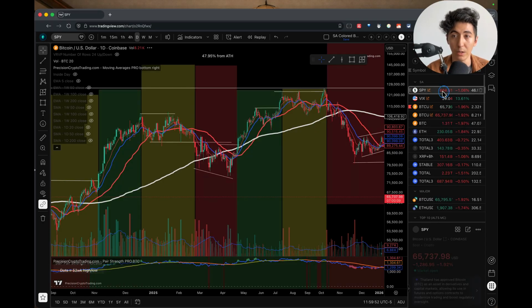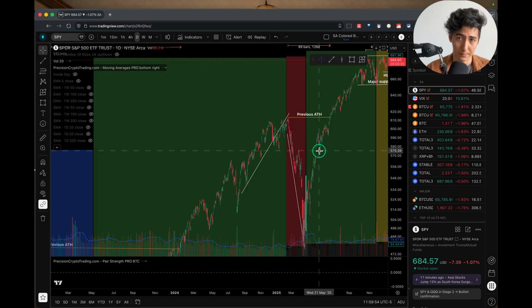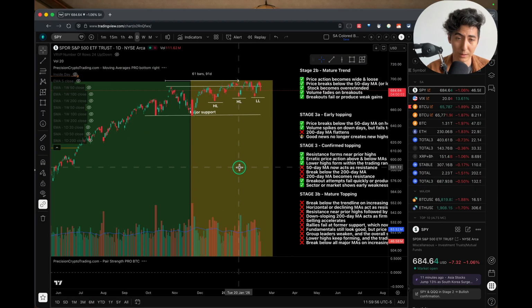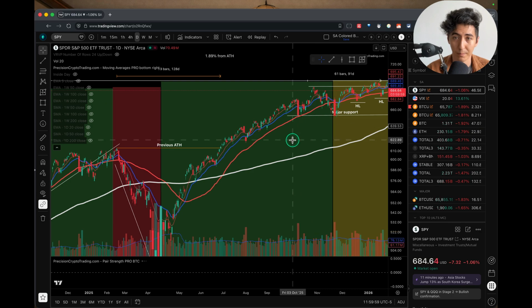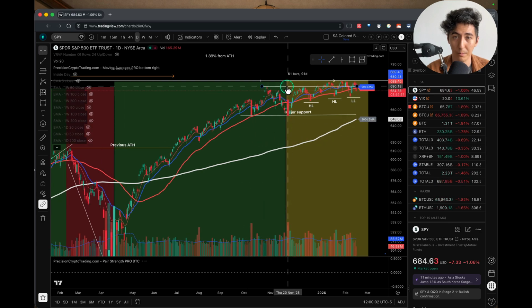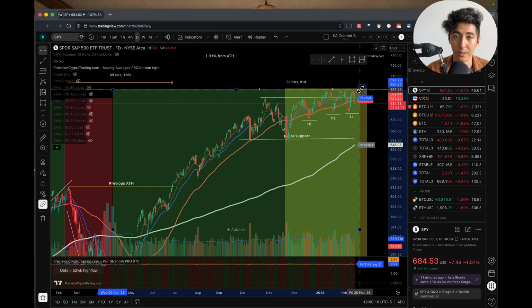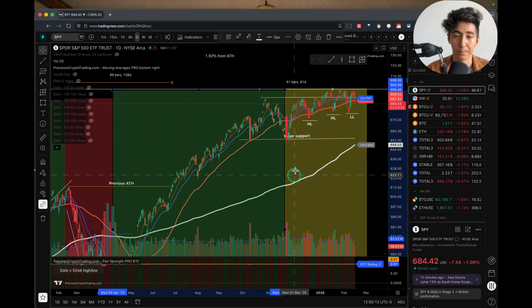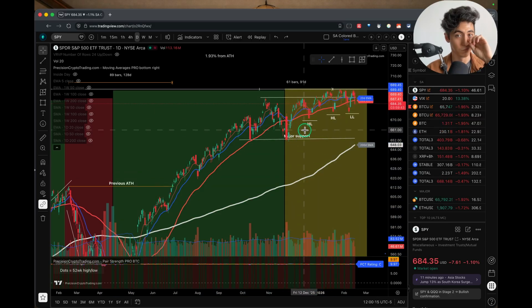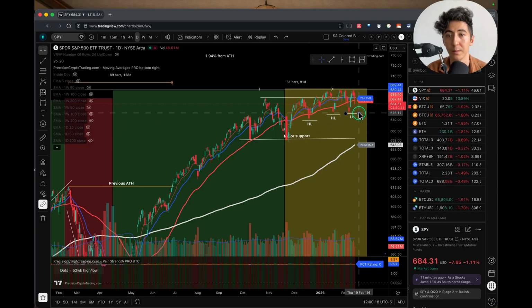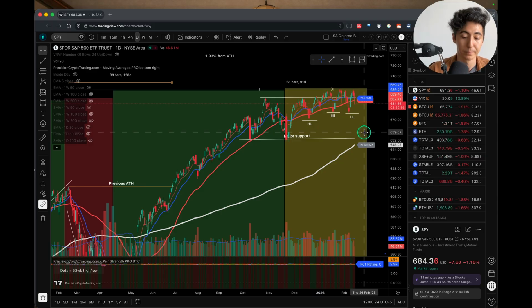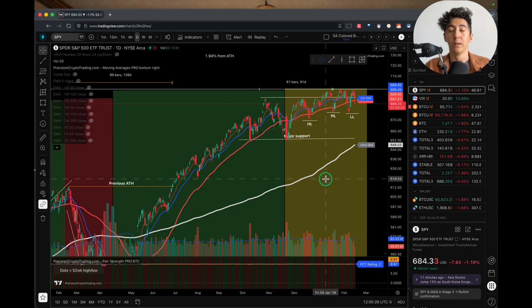You look at the SPY and you say, okay, yeah, here's the uptrend. Now, maybe you could continue to say, well, we're in an uptrend, this is still stage 2. But again, just look at some of the signs that could indicate where the market is going.